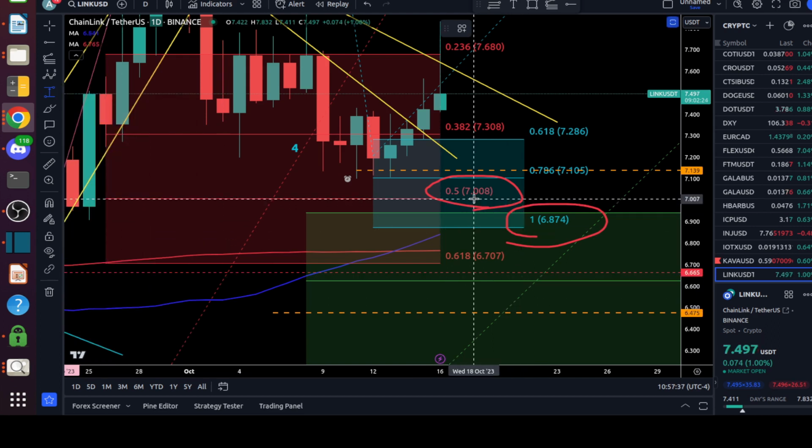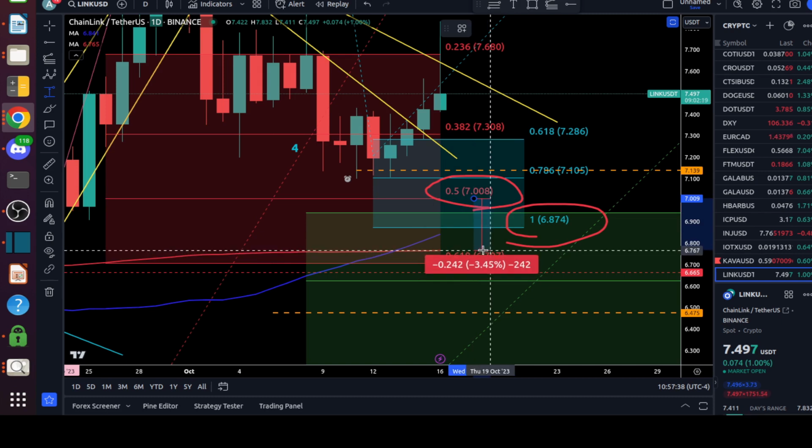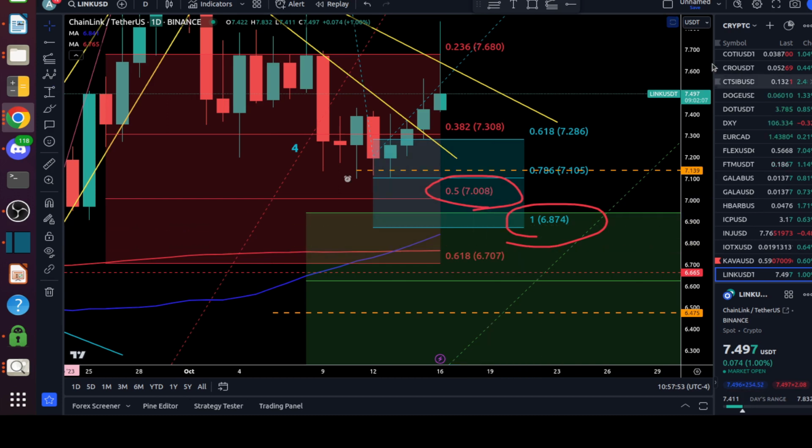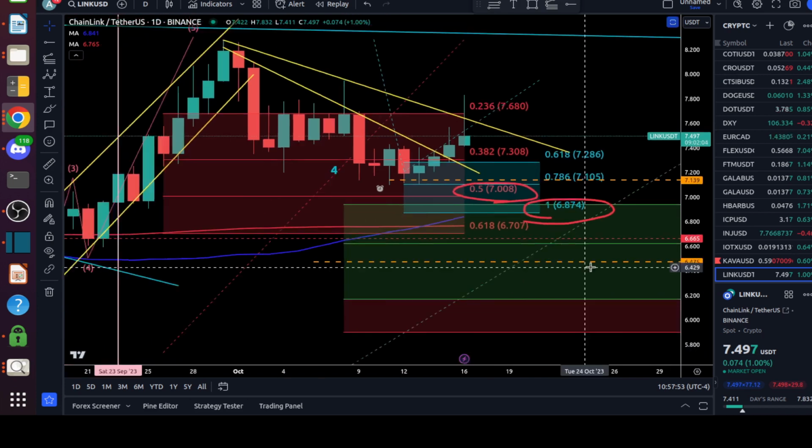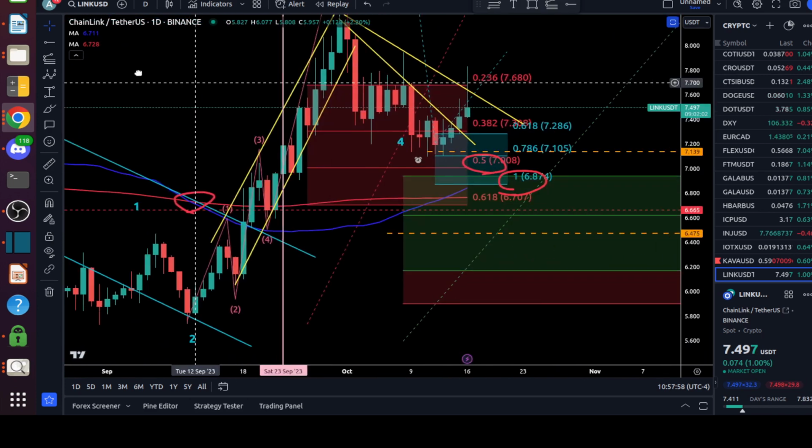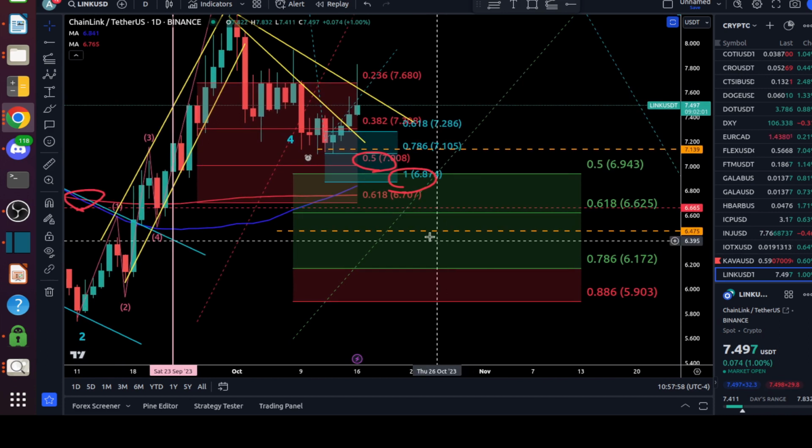Because if it's too much, then it's not worth it, right? Well, look at that, it's 3.5%. So, I mean, it's not that bad. And also, you know that if we reach that level, then for sure that's not a wave 4. So you're expecting price to go lower, and then it all makes sense.